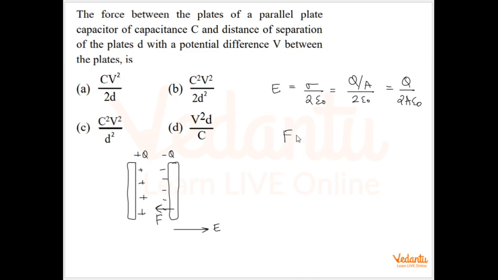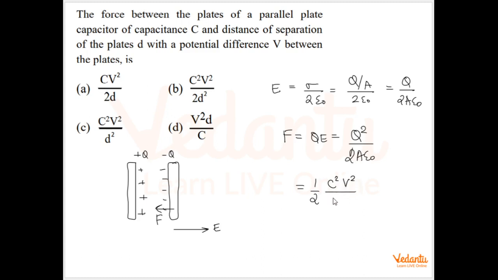The force on that negative charge will just be equal to Q into E, which will become Q square by 2A epsilon naught. Now, that can be written as half into Q square by A epsilon naught. Now, this Q square can be written as C square V square.